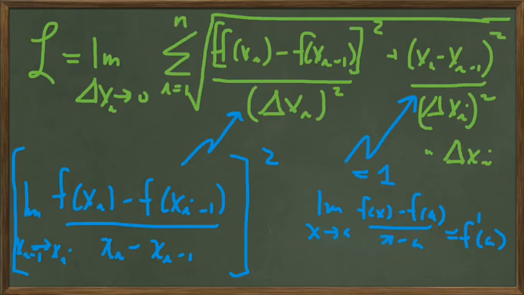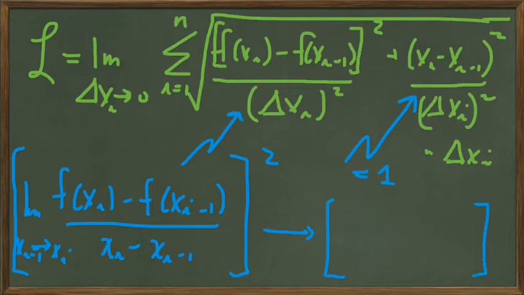So if we use that here, then this expression underneath the bracket squared should go to f prime, not of a in this case, but remember when this x value went to this x value, we got the derivative at this x value. So it's not f prime of a, it's f prime of x sub i.